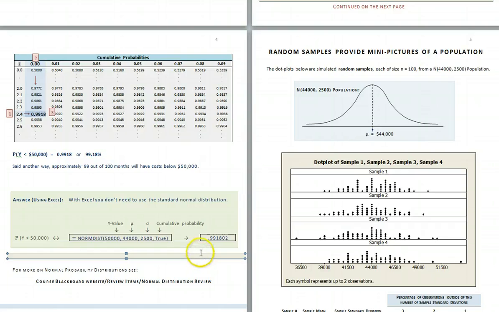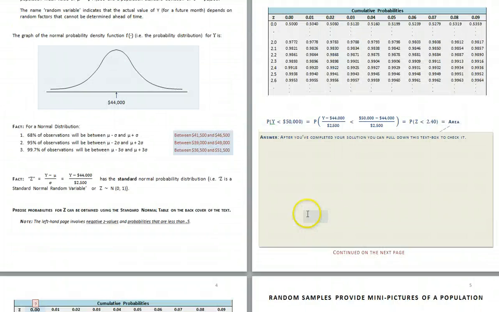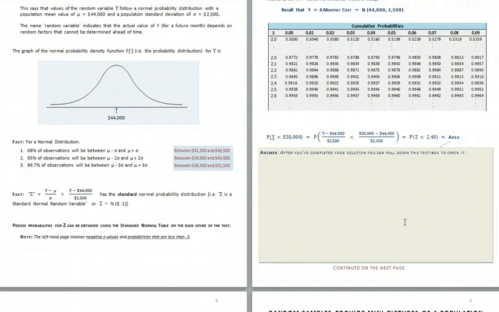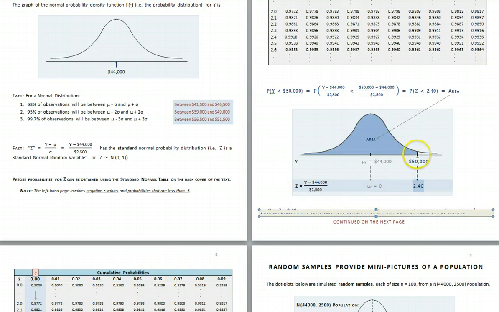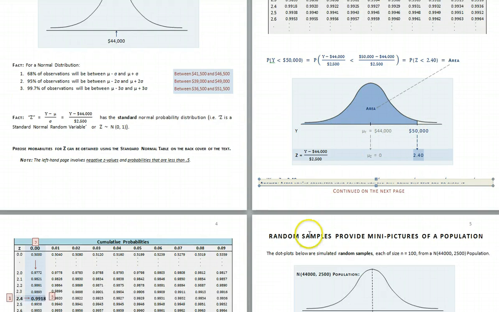If we didn't put a TRUE in here, I'll show you what we get. If we put a FALSE in there, for example, I'm going to need this picture, I think, which I actually didn't talk about. If we put a FALSE in there, we'd be just getting the height of this little vertical line from the axis up to the normal curve, rather than what we're looking for, and that is this area, or if you wish, probability to the left of $50,000.